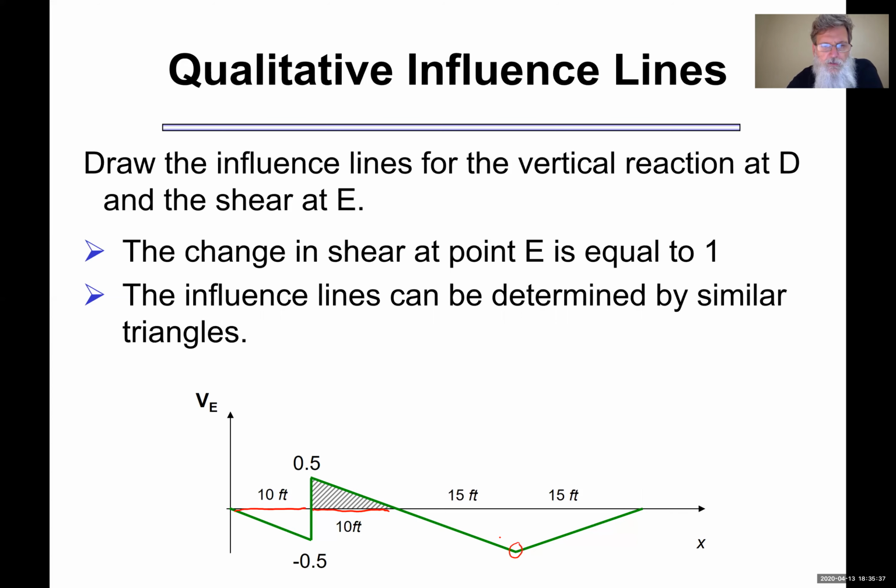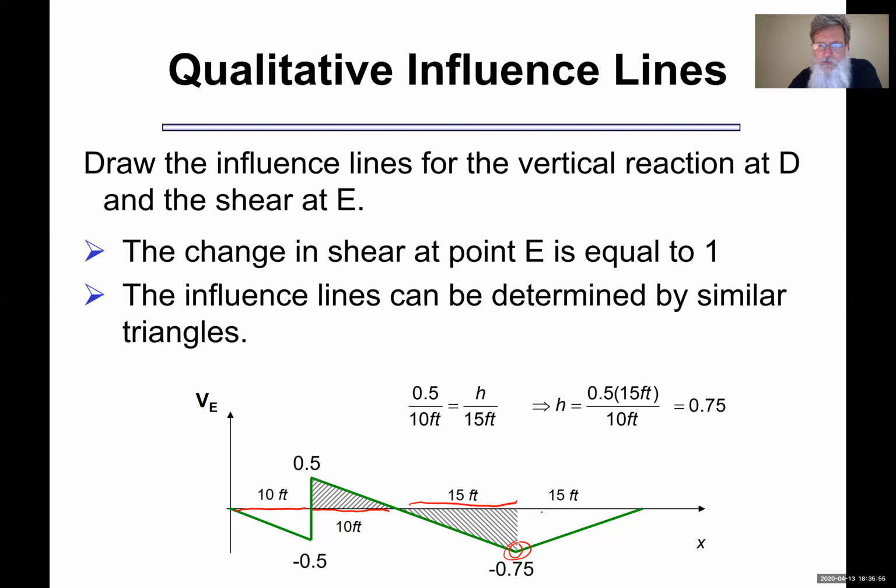Well, I know this triangle, the 1/2 to 10, should be equal to this triangle. I don't know what it is to 15. So when I solve for that h, you can see I get 0.75. So now I know this value here is going to be minus, because it's negative, the value of 0.75. So now I have quickly been able to draw my influence line.